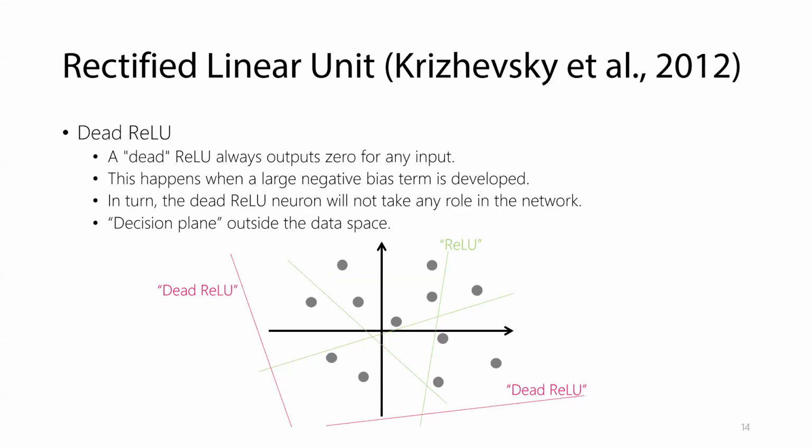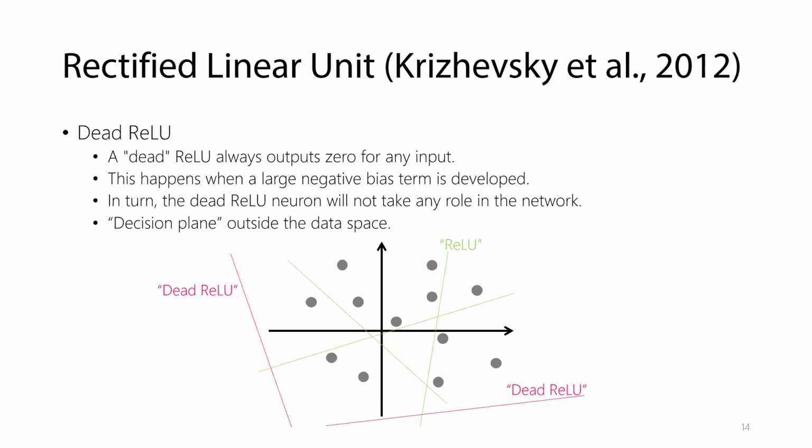So consider this line over here. The points above this line are the ones that will have the values preserved, and they're going to continuously produce gradients. Those gradients are going to be used to adjust the slope and the y-intercept of this line. Same thing goes for this line and this line.